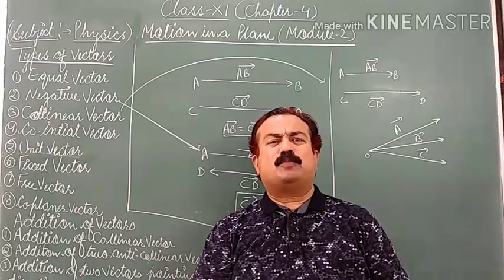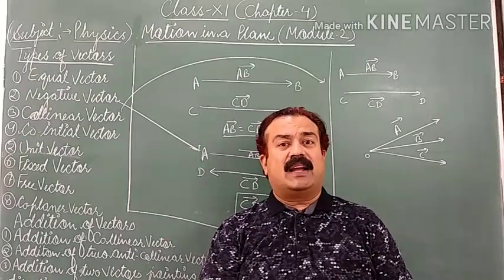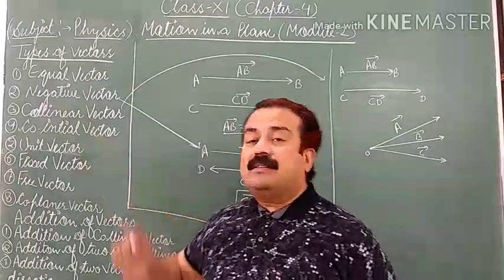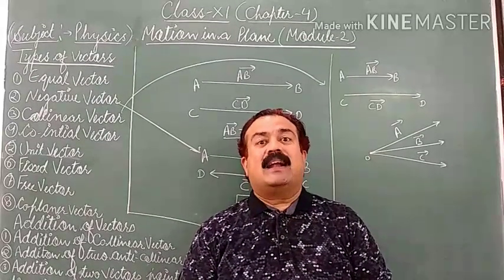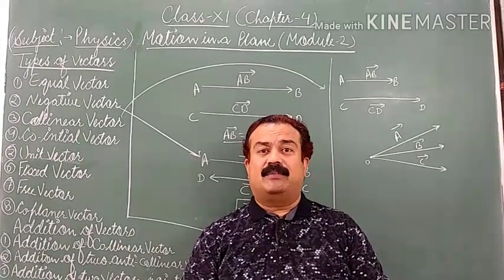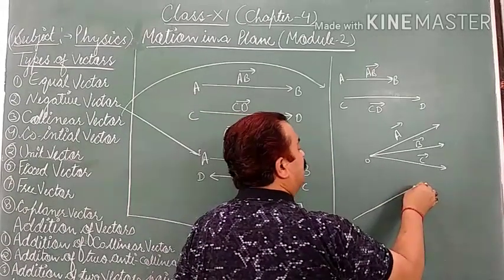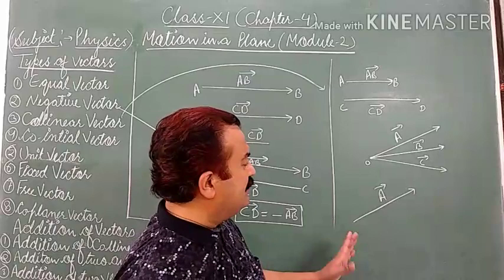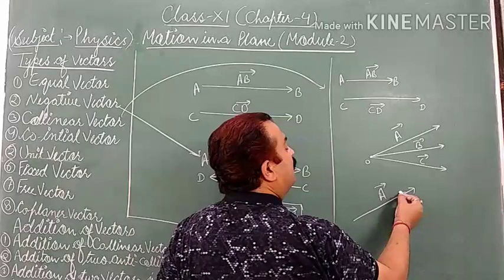A unit vector is a special type of vector whose magnitude is 1, or you can say unit, and it has the same direction as the given vector. If we have any vector A, then you all understand what the direction of vector A is.